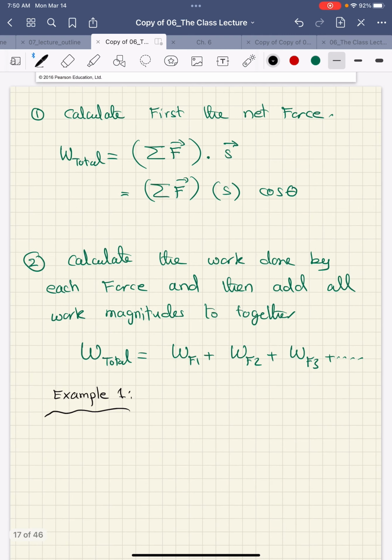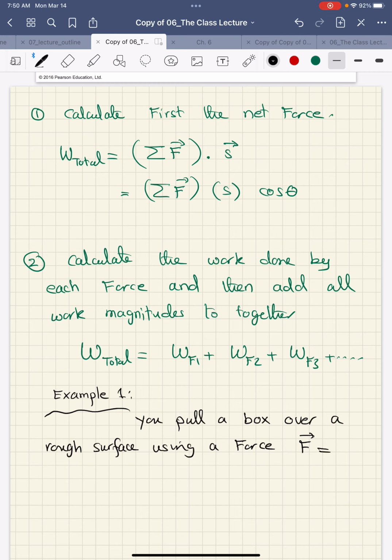You pull a box over a rough surface using a force F that has a magnitude of 20 newtons, making an angle of 60 degrees with the positive x-axis.